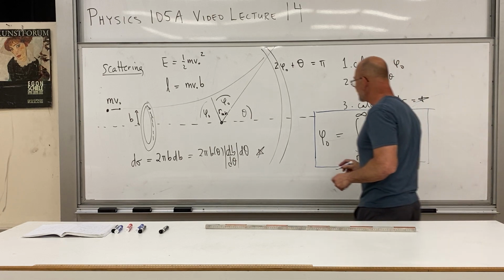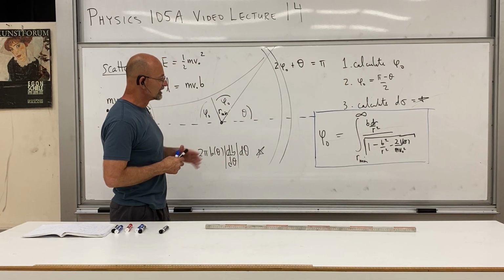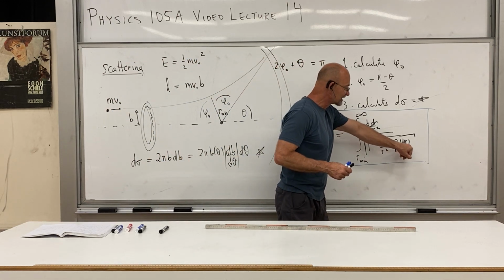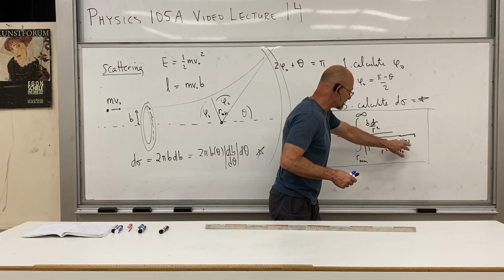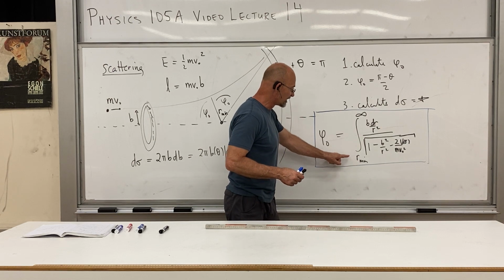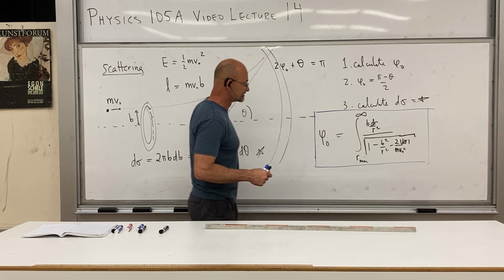So for the hard sphere problem that I assigned the other day, here's what I was talking about. U of r is essentially identically equal to 0 for the hard sphere problem. So you pull that out, you can kill that, because we're integrating from the radius a out to infinity.